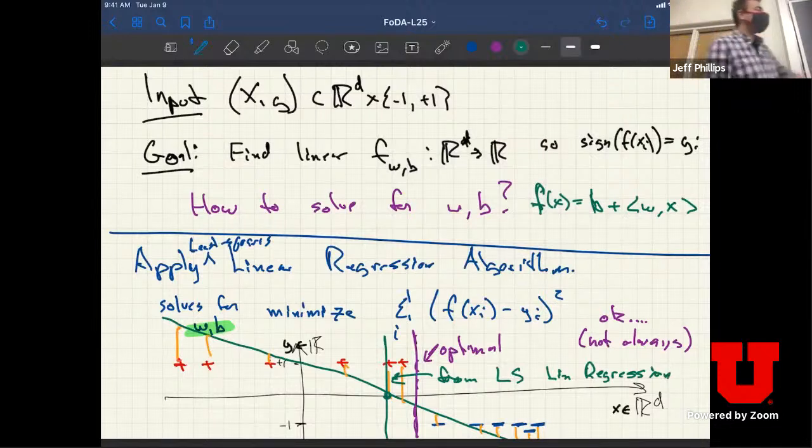So this green one is a nice linear function that fits our model, and then we rounded it at -1, +1. But the cost function we optimized, the sum of the squared errors, did not know that we were going to be rounding it at 0.